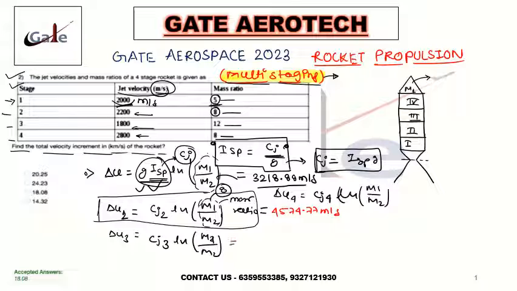Again, if you calculate for the third stage, the mass ratio they have given is 12, Cj they have given as 1800 meter per second. So if you put this Cj in meter per second, you will get the change of velocity in meter per second, because the mass ratio is the unitless term, right?